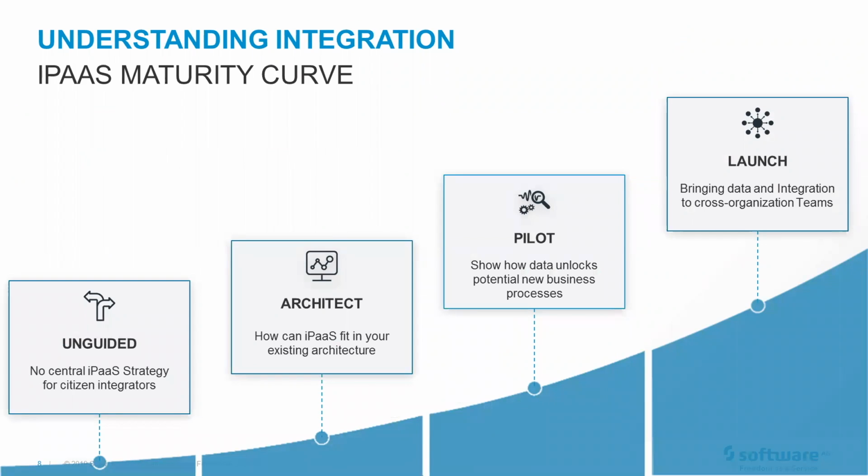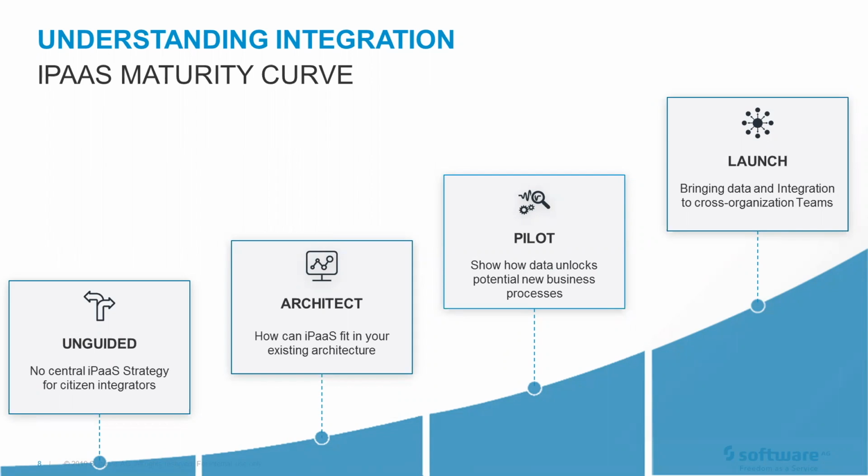So as you're starting to think about iPaaS and your journey to the cloud, we're finding that a lot of our customers start at the bottom of this maturity curve. Maybe there's no centralized iPaaS strategy specifically for the citizen integrator. We see a tendency to do everything themselves, and that really creates a large backlog.